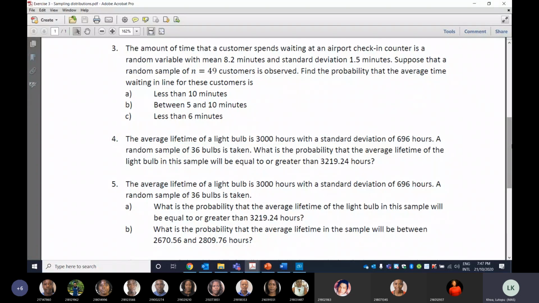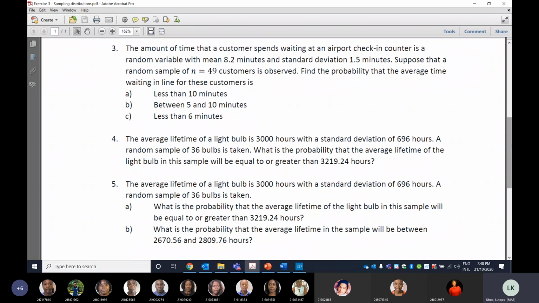Then 5B says, what is the probability that the average lifetime in the sample will be between 2,670.56 and 2,809.76? Okay, so again here, before you answer the question, you should try and think, what do I think this probability is? Am I expecting something high or something low?